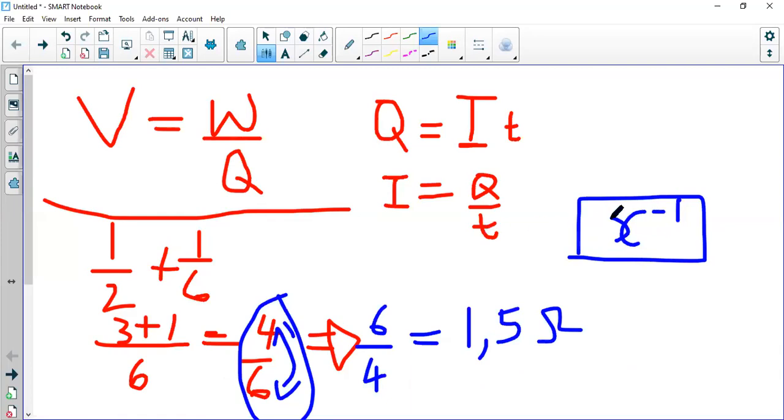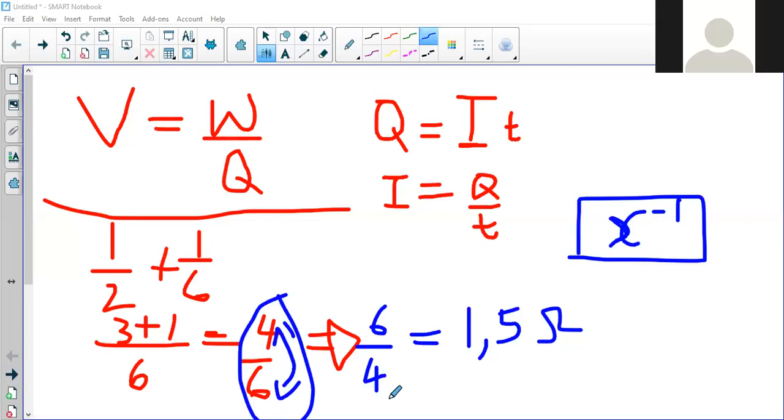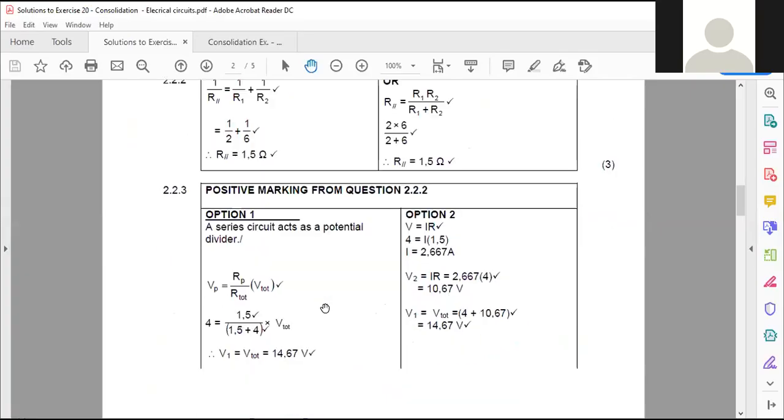So you don't have to worry about that. Sometimes your answer is a decimal, so you don't know what the fraction is. On your calculator, you can simply press x to the power -1, then it will take the answer that you have and flip it for you. Clear? Yes, sir. Good. Who's talking, by the way? Kimberly. Okay.